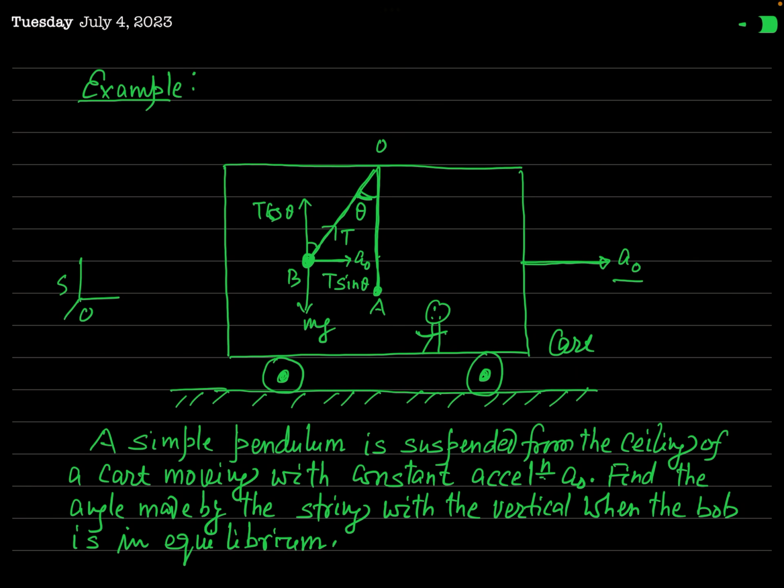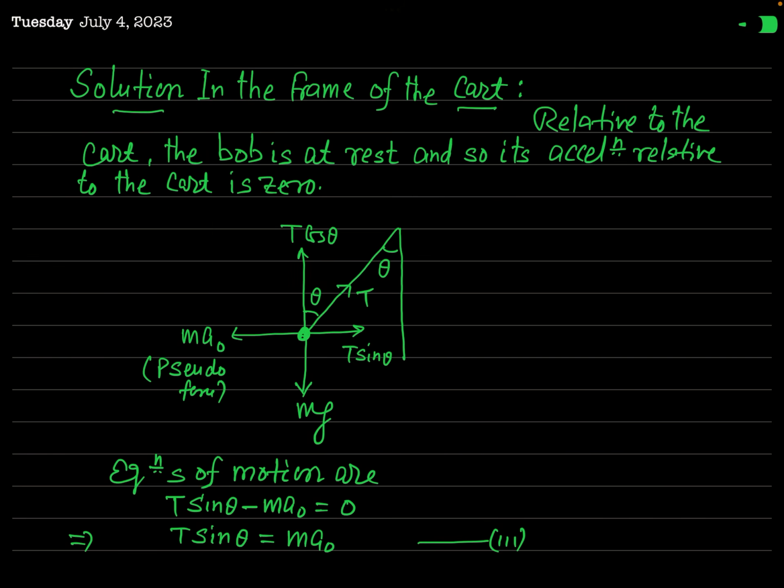No, because the cart is moving with acceleration a naught and the bob is also moving with acceleration a naught with respect to an inertial frame. So the acceleration of the bob with respect to the cart will be a naught minus a naught, that is 0. So in the frame of the cart, the bob is stationary.